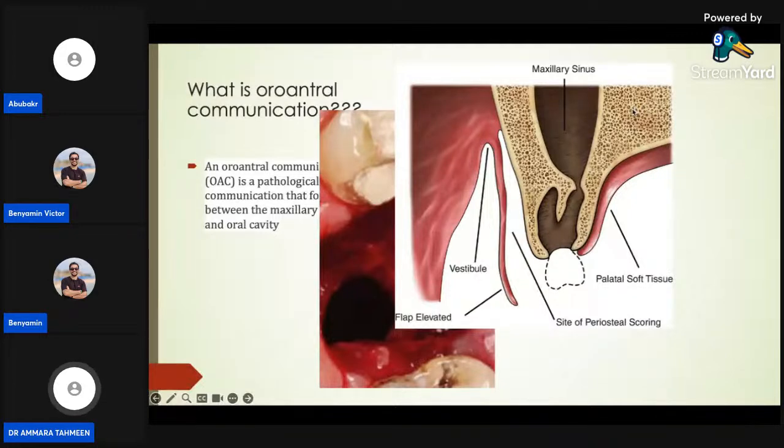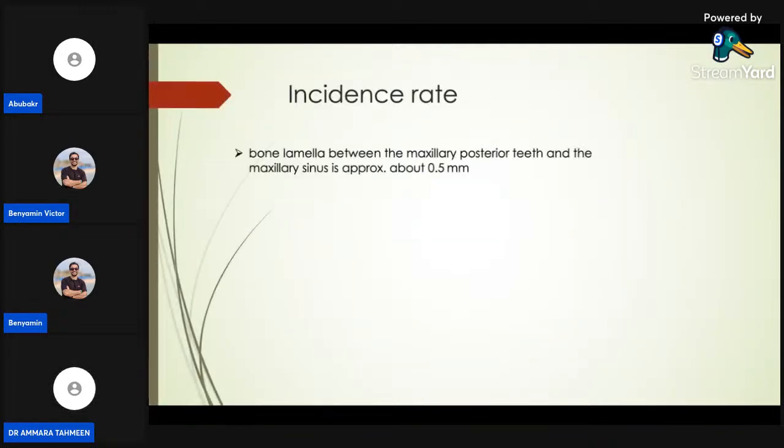So let us proceed with the incidence rate. Oro-antral communication is one of the most commonly encountered complications in oral surgery during the extraction of the maxillary molars. Apart from extractions, it could be due to the failure of implants, trauma, or failure of sinus lift procedures, like direct augmentation procedures.